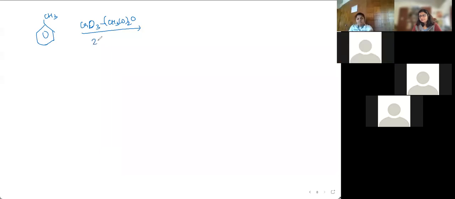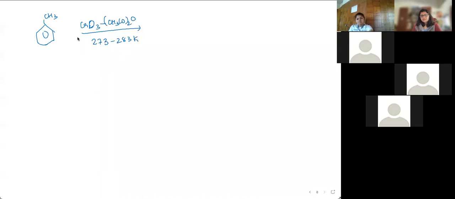Again, same thing, you start off with toluene. This time the oxidizing agent is chromic oxide, CrO3, in acetic anhydride, (CH3CO)2O, at 273 to 283 Kelvin.